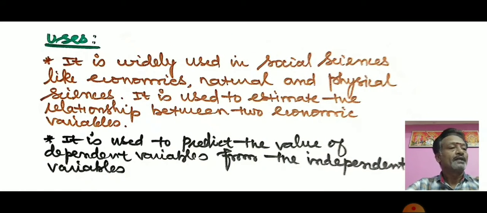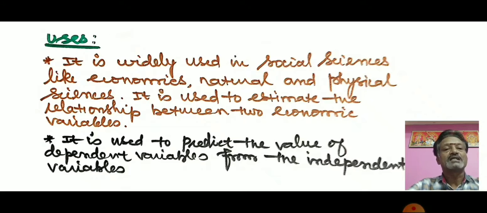Now we will discuss where we are using regression, or the uses of regression. Number one, it is widely used in social sciences like economics, and in natural and physical sciences. It is used to estimate the relationship between two economic variables. For example, take income and expenditure.